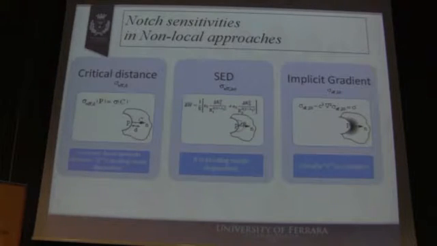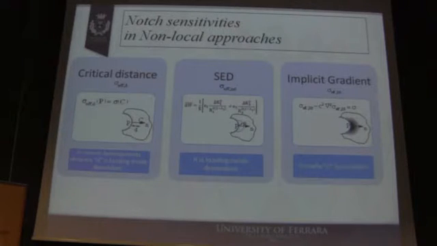And I will consider three typical approaches developed in our larger group: the critical distance, the strain energy density, and the implicit gradient approach. In the critical distance approach, the sensitivity is given by the distance d, and in recent development, the distance d is loading mode dependent.